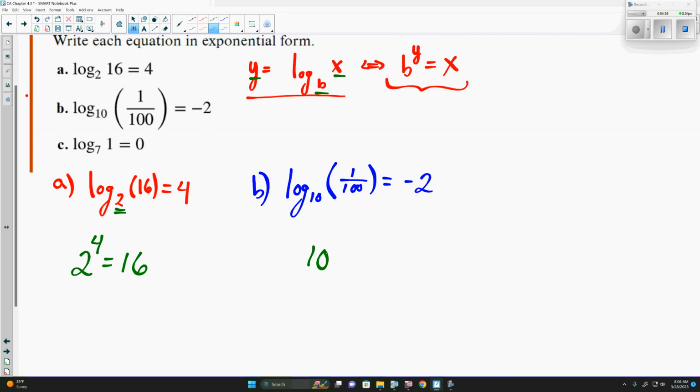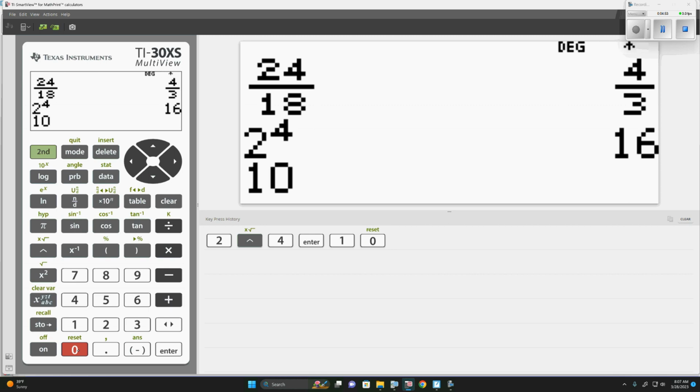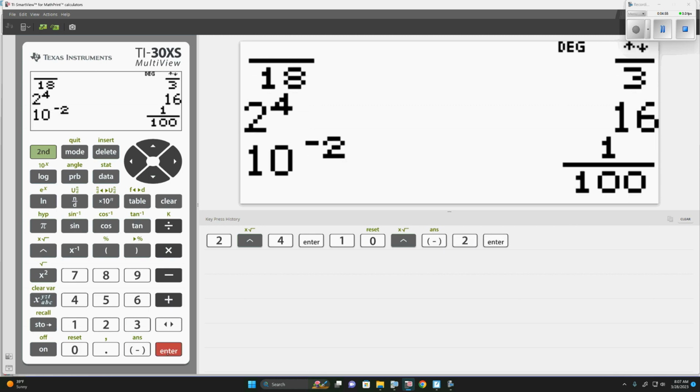Our exponent is what it's set equal to, so negative 2, and that is equal to 1 over 100. So 10 to the negative 2 is equal to 1 over 100. And again, in the calculator, we can do 10 to the negative 2, and we get 1 over 100.